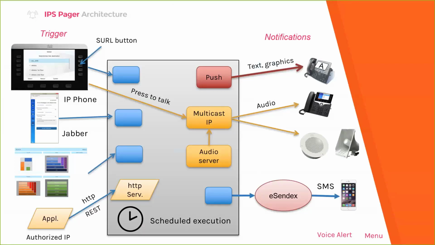The same from a web interface, we can fit in a Jabber tab, as you can see here. And there is also a full screen user interface, web interface, which displays maps, and you can select the destination on maps.